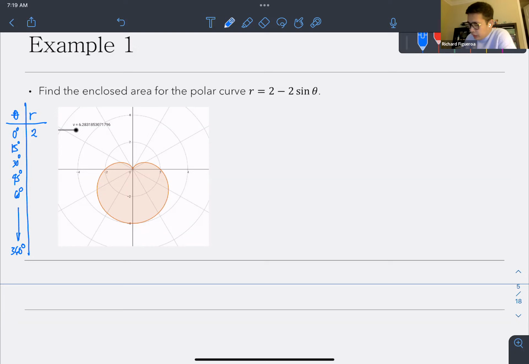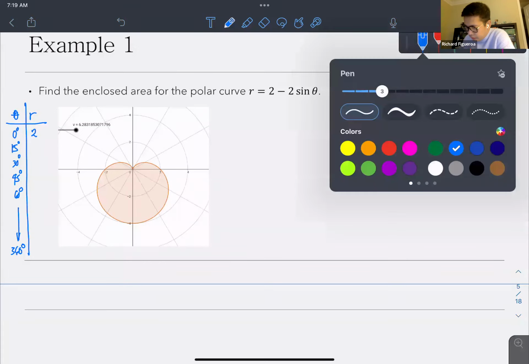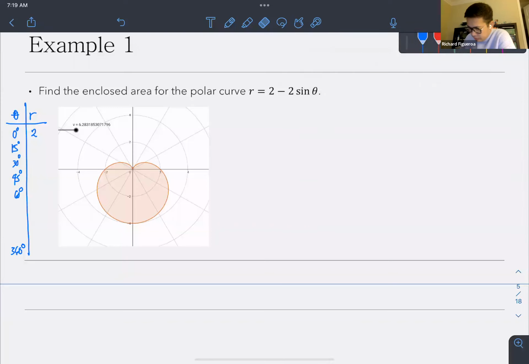The significant points here: 90 degrees, that is 0. 180 degrees, that is 2.